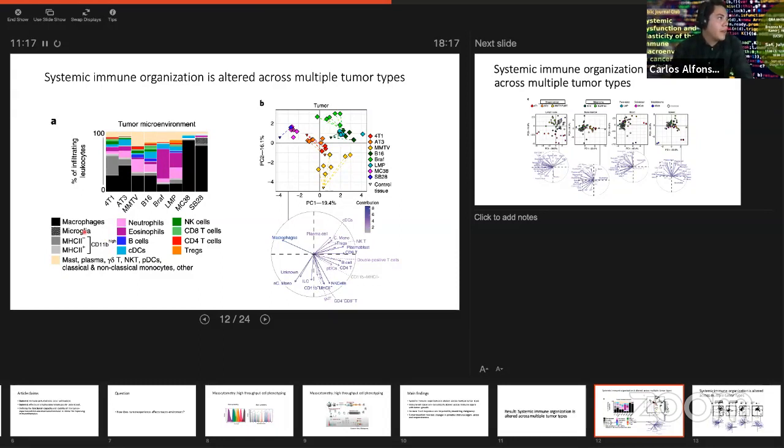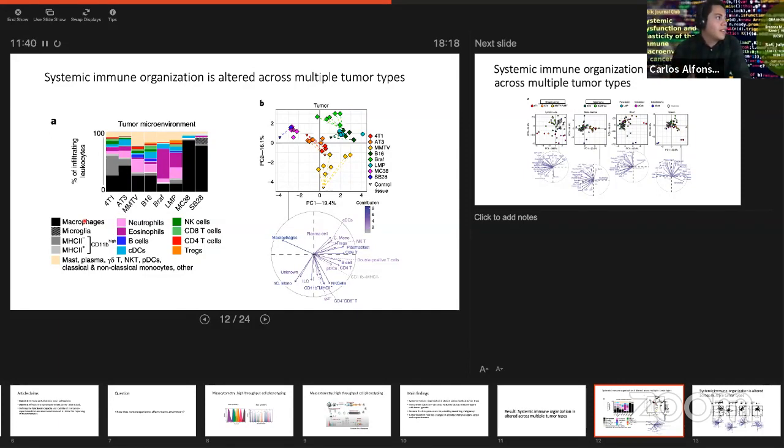And the clearest finding, what you can see in this stacked bar plot here, is that the different types of cancer models actually show very clear changes in the fraction of cells that compose each of these tumor microenvironments.